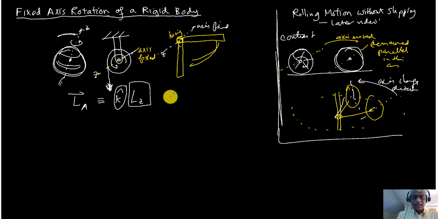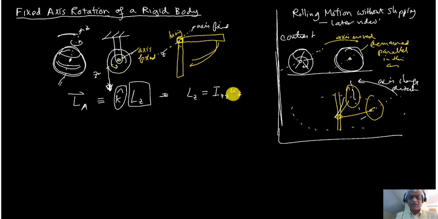And for a rigid body, L_z can simply be written as I_zz omega_z.